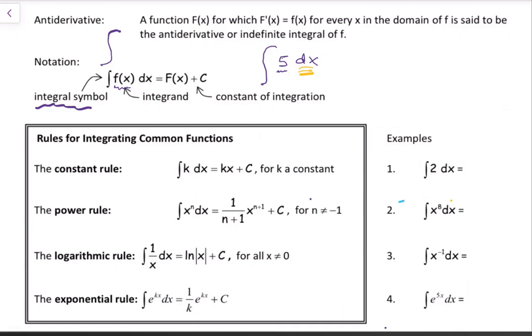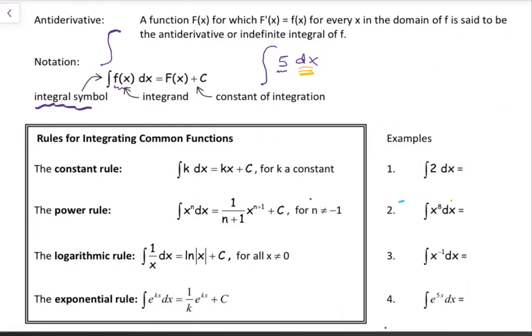We're only dealing with single variable calculus, so this notation right here isn't going to be as meaningful to us as when you have more than one variable involved in the integrand, but it's still part of the notation that you want to get used to writing whenever you're writing an integral.